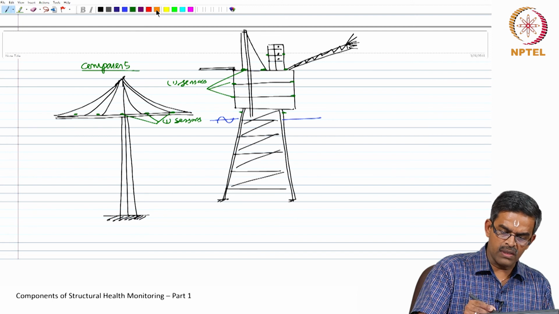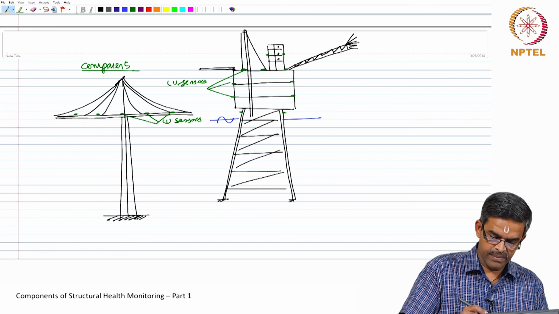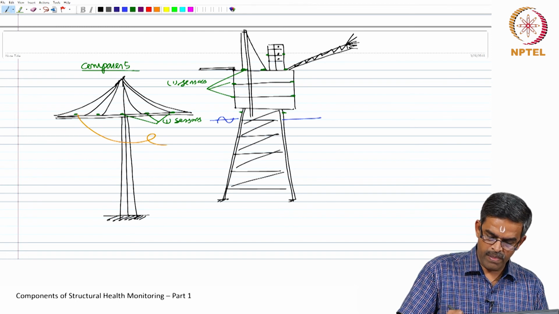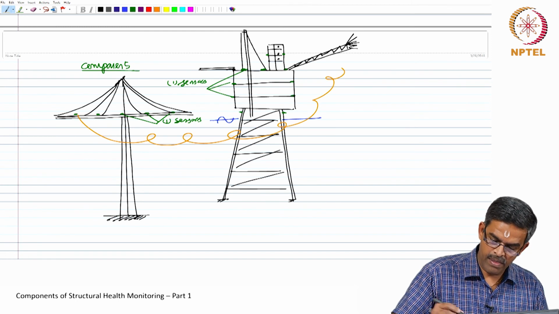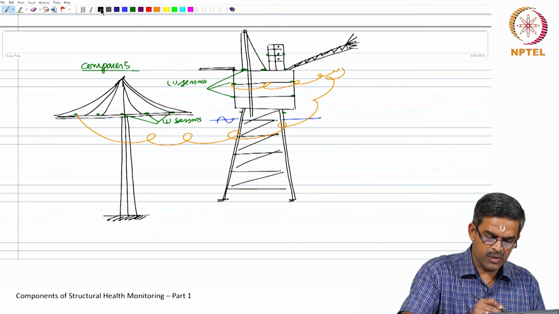Now, all these sensors need to be connected, let us say, to a data acquisition system.